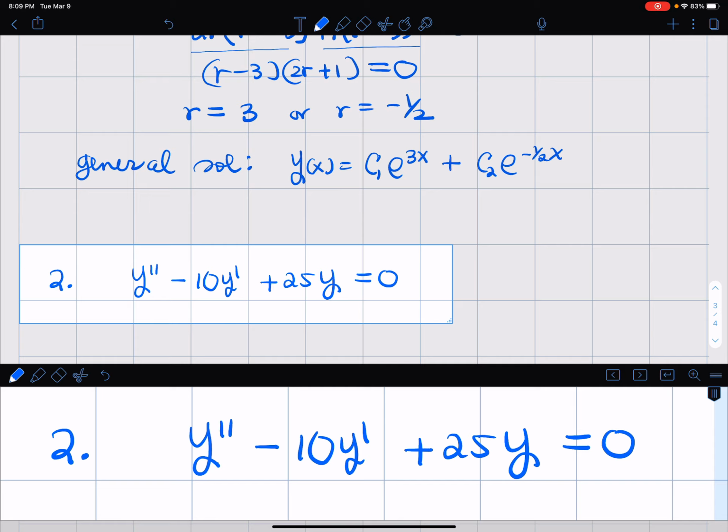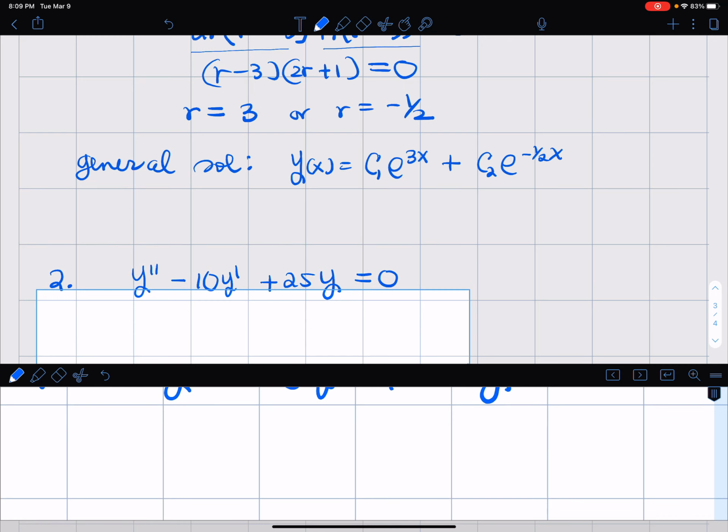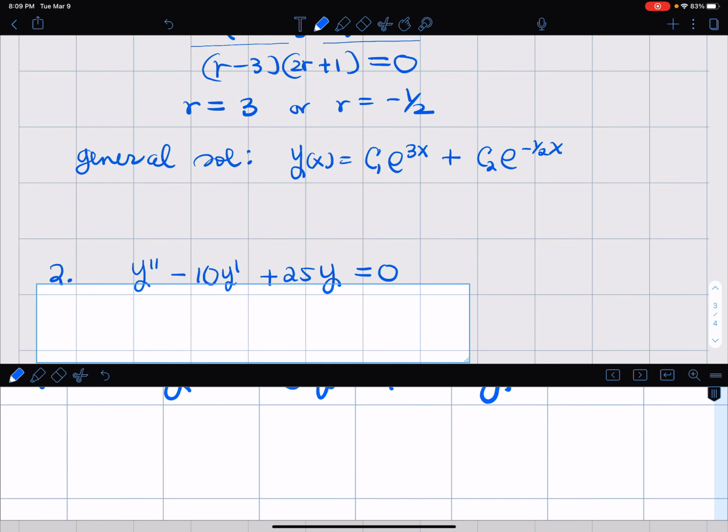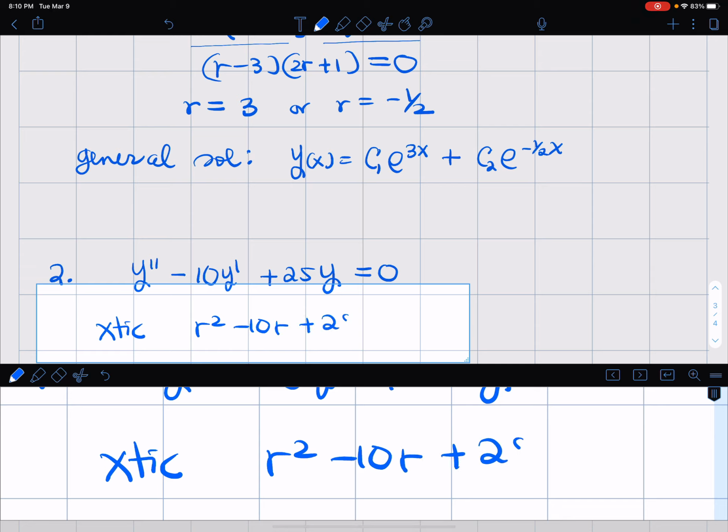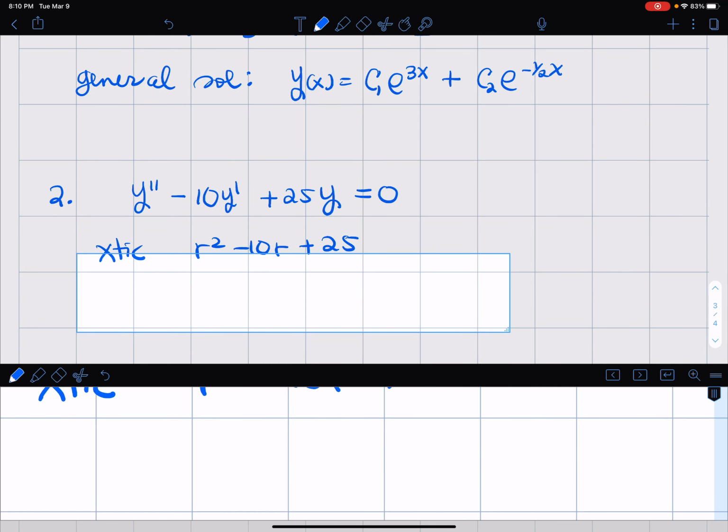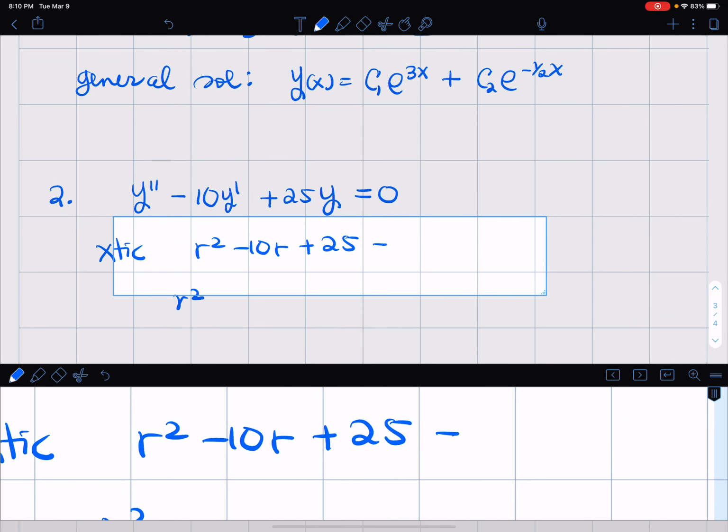So how do we go about doing this? Our characteristic equation is going to be r squared minus 10r plus 25 equal to 0.